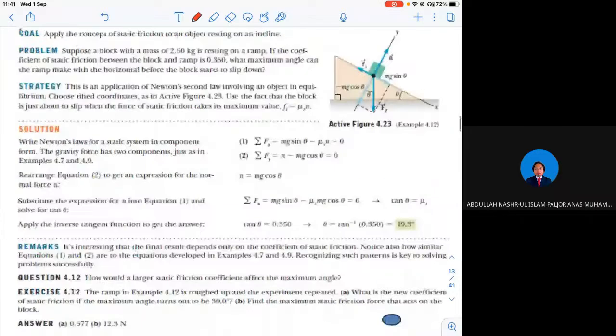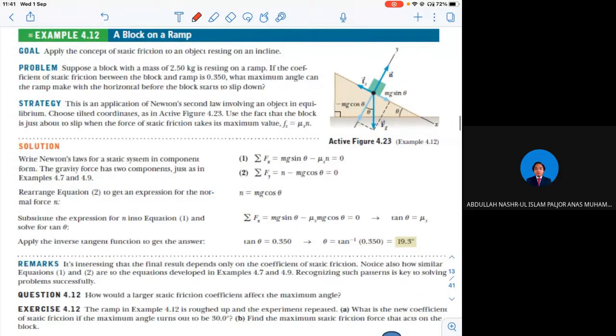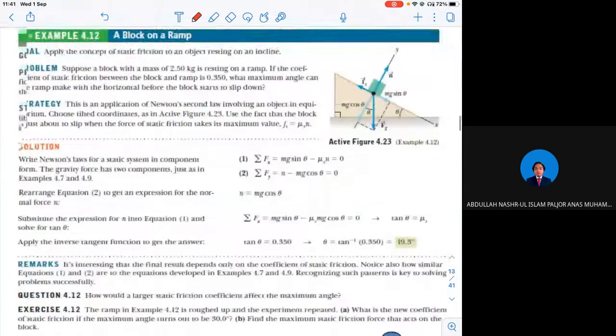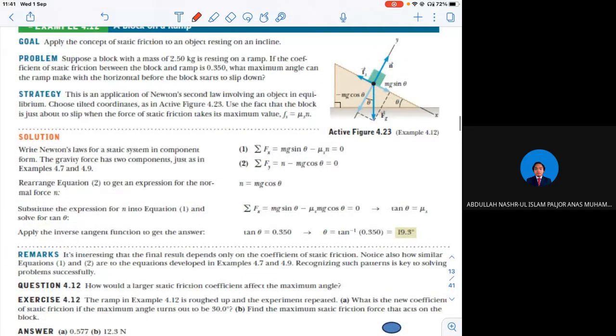Now we look at the examples here. Very good example. Suppose a block with a mass of 2.5 kilograms is resting on a ramp.